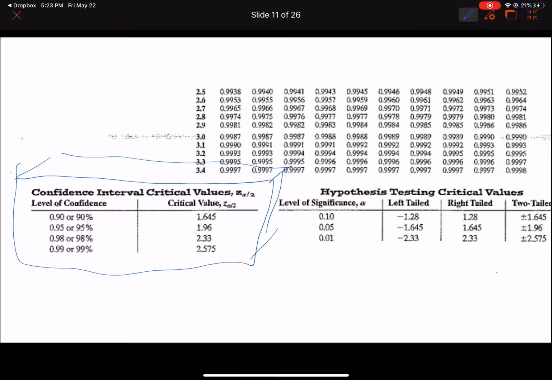These are the standard ones. However, your homework is going to occasionally ask for ones that aren't these standard ones, and I'm going to show you how to find those in a couple of minutes. Okay, so that's where you find those critical values based on the levels of confidence that we generally use.